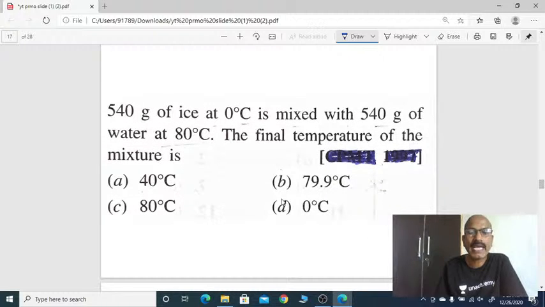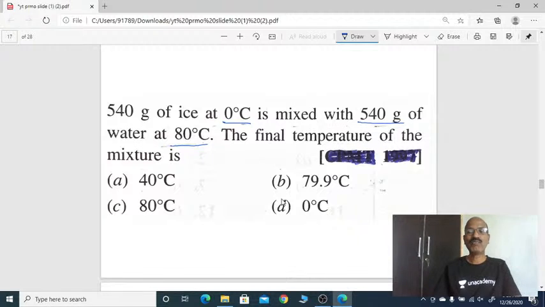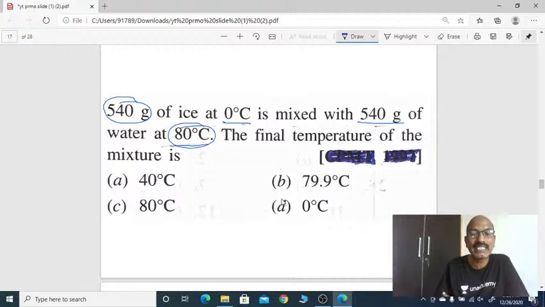540 gram of ice at 0 degree Celsius is mixed with 540 gram of water at 80 degree Celsius. The final temperature of the mixture is? How much heat is required to melt 540 gram of ice at 0 degree Celsius?